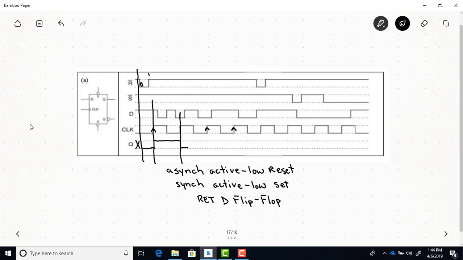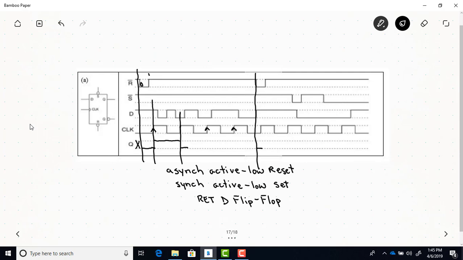Now at this time, our asynchronous reset goes to 0 again. So no matter what our relationship between the D input and the clock is at this time, because this is asynchronous, it's going to make the Q output 0 at this time. Right? Again, when it's an asynchronous input, it doesn't depend on the clock.